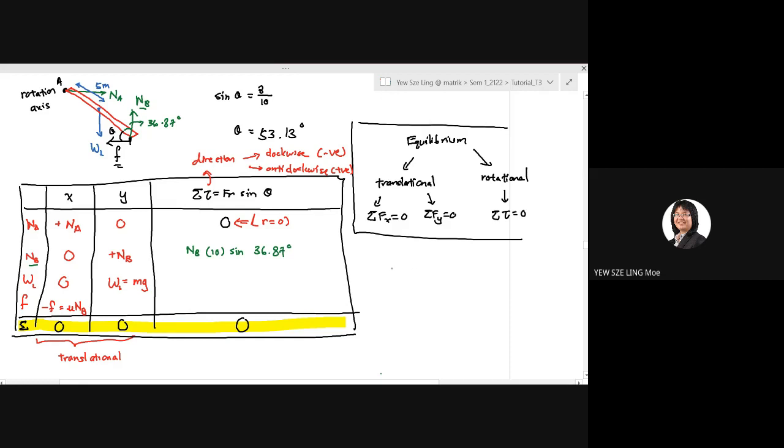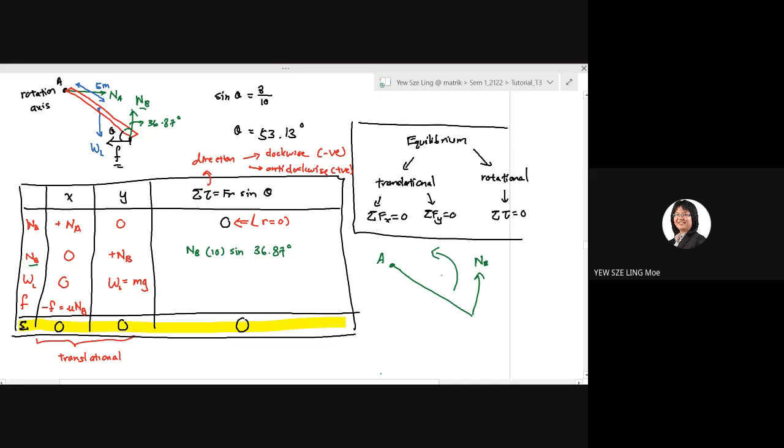Now the next question is, is this torque a positive or a negative torque? So this is my pivot point A, and this is my ladder. If I pull the object at point B in the direction of NB, and I remove all the other forces, what is going to happen? This ladder will rotate in the anti-clockwise direction.